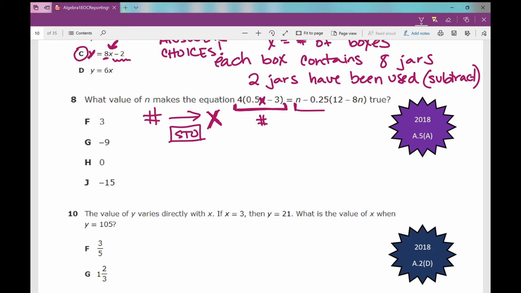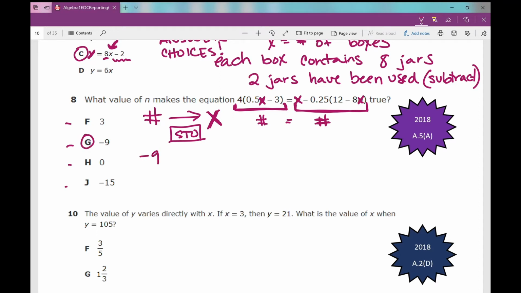Then if I type in this on my home screen, replacing n with the variable x, I'll get that same number, okay? One of these will give me the same number on each side of the equal sign. That's my answer. All of the other wrong answers will not give you the same number on each side of the equal sign. And your answer in this case is G.